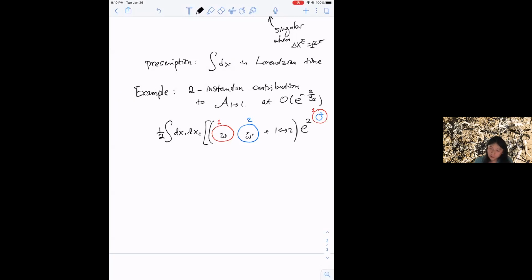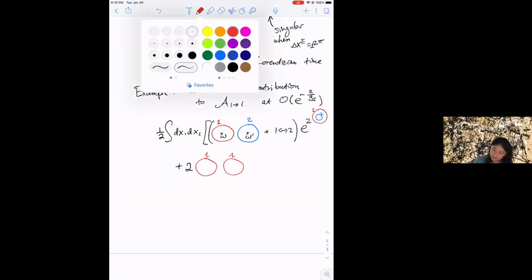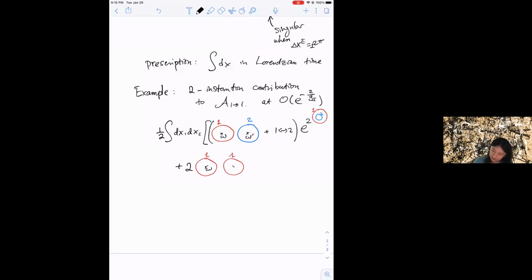And then there are also contributions of the form where the two disks end on the same instanton. So let's say twice, because they can end on either 1 or 2. Let's say one of them is incoming, the other one is outgoing, with omega prime. This will also be multiplied by this measure factor.